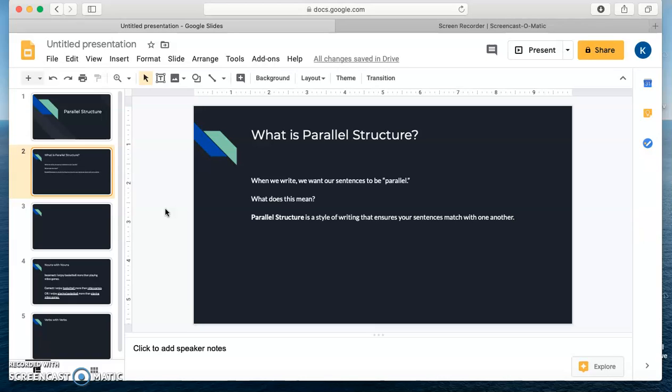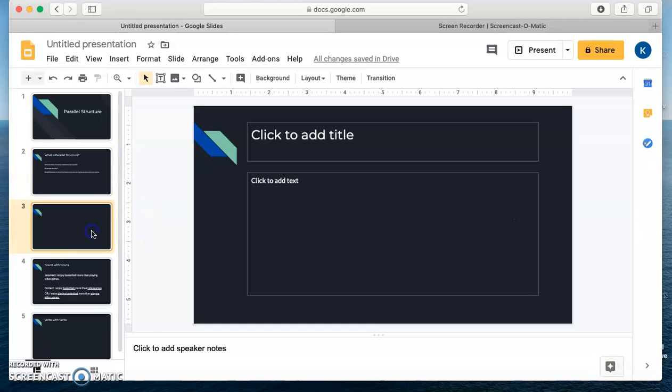a kind of cross-curriculum example. So when we come to this slide right here, we've been saying this phrase parallel structure a lot. And we might not know what that means in English, but we have heard this word before, parallel.